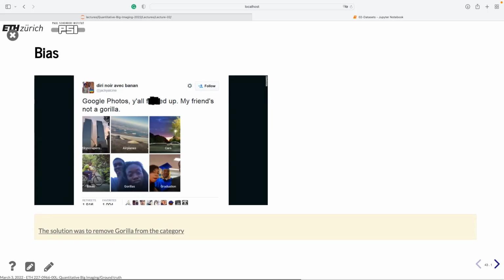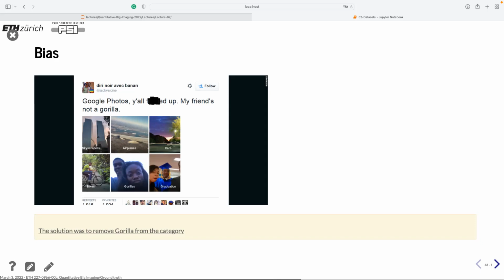It was two persons. Such problems can happen if you, for example, have used this ImageNet database where there's maybe a lot of gorillas in it, but maybe not so many black people. And that is what then happened in the training, that the configuration of these two and the skin color made this wrong decision.